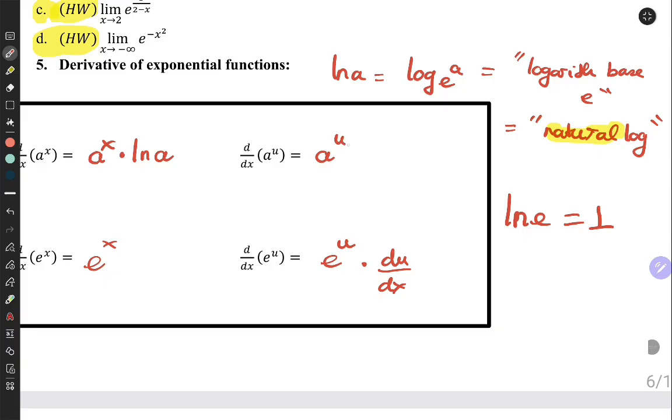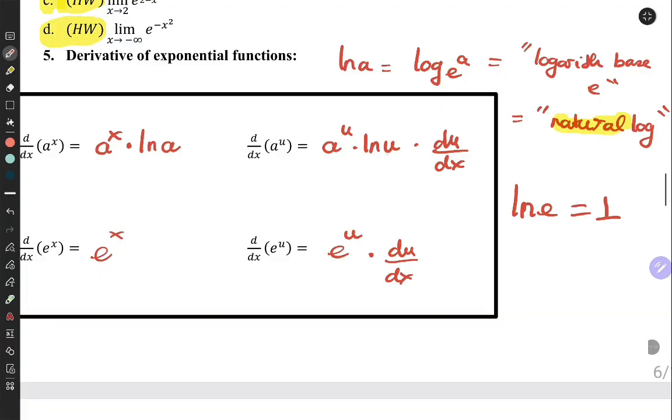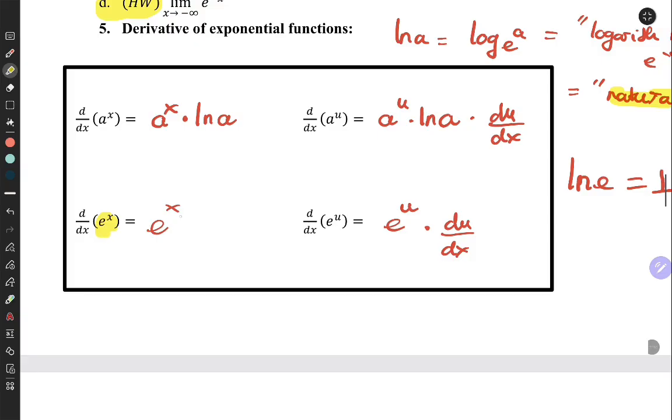Here, a to power u times ln of a times du over dx. Chain rule. Oh, times ln of a. Why does it keep messing up? Times ln of a. Okay. Memorize this.